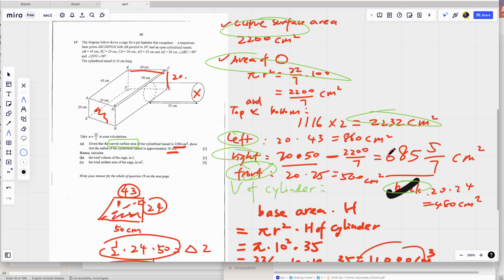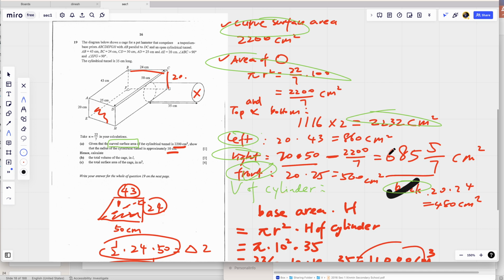Okay? What else? C. Hence, measure and state the value of RSX. So what's this angle? Measure. Which one did you read? 130 or 50? 50.